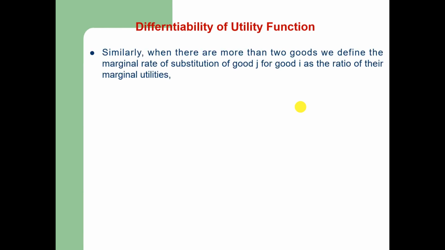Then coming again to differentiability of the utility function, we similarly say that when there are more than two goods, we define the marginal rate of substitution of good j for i as the ratio of their marginal utilities.